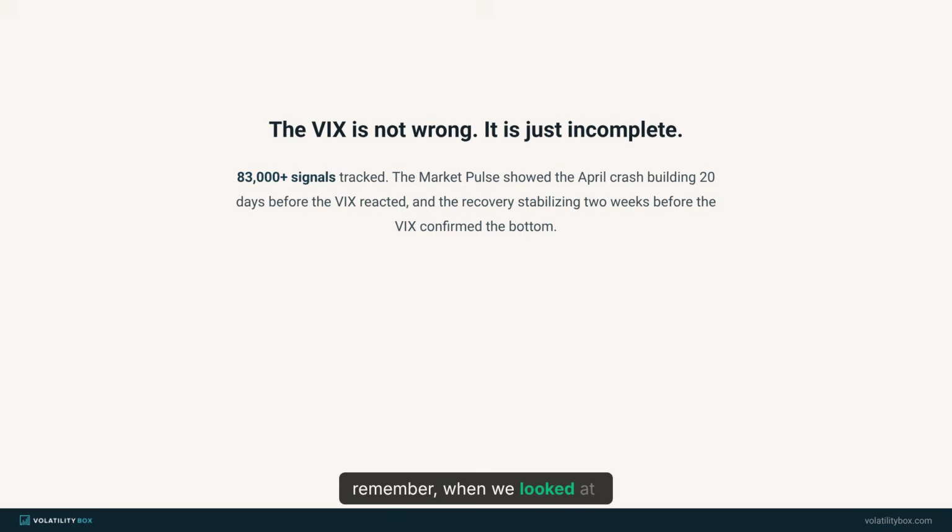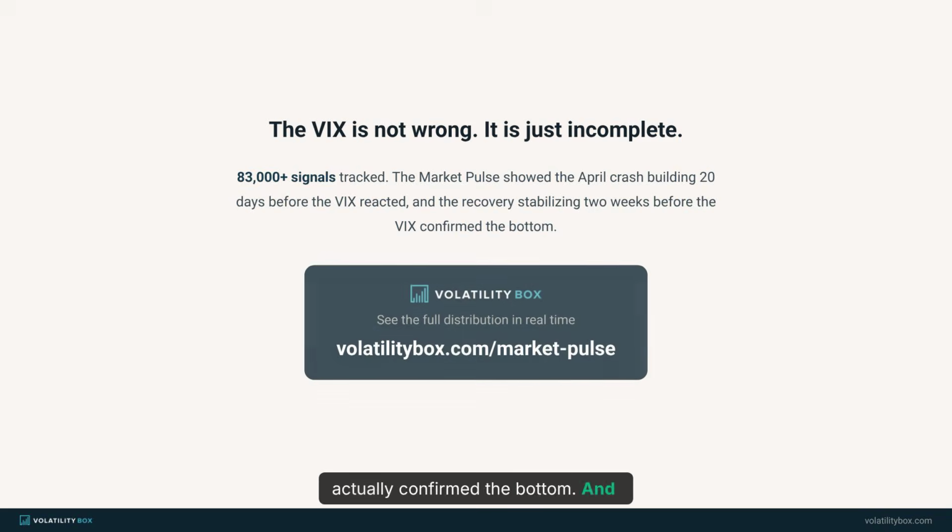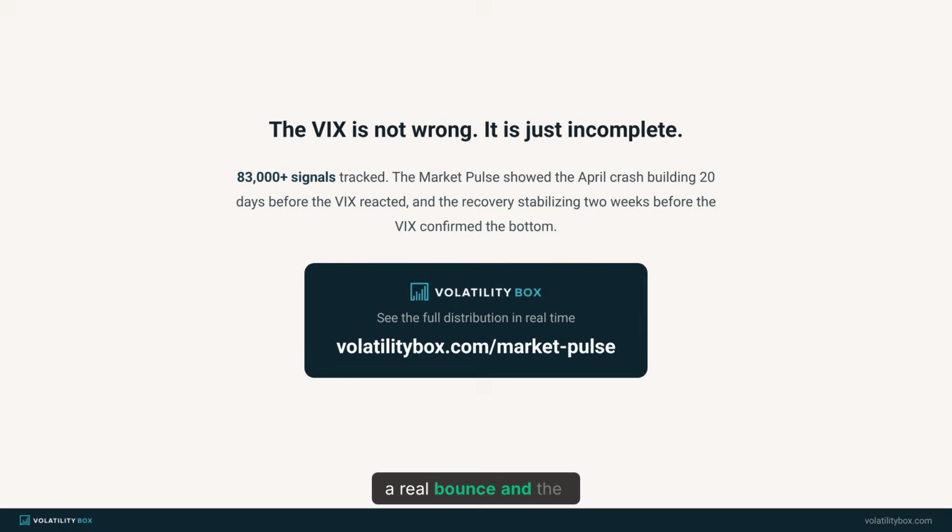If you remember when we looked at April, we saw that the market pulse had shown that this April crash had been building up for 20 days before the VIX actually reacted, which was just a 1 to 2 day event. Even for the recovery, it showed that the recovery was stabilizing 2 weeks before the VIX actually confirmed the bottom. And it showed the difference between a real bounce and the head fake by tracking how these yellow symbols, the number of stocks in the accumulation market pulse, actually resolve.